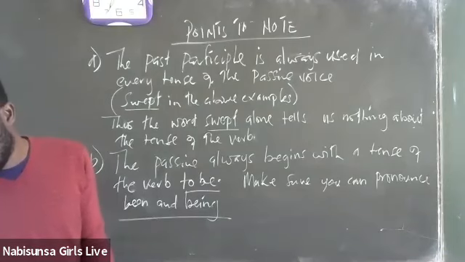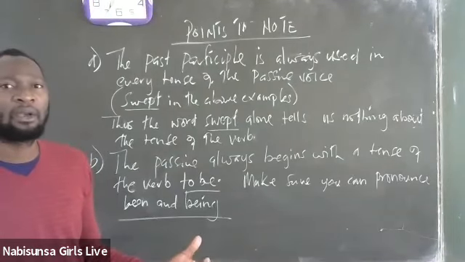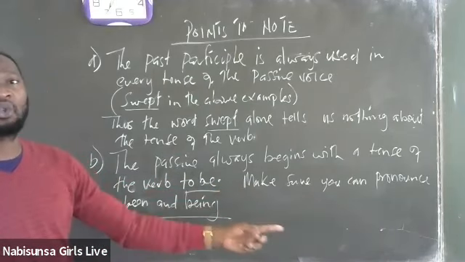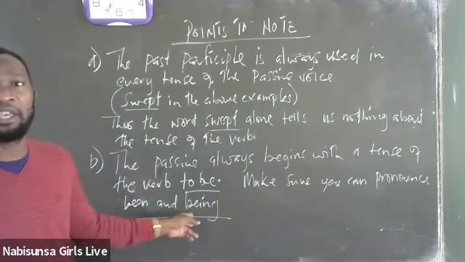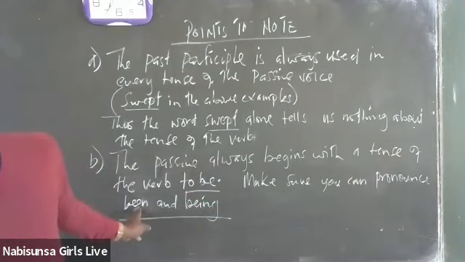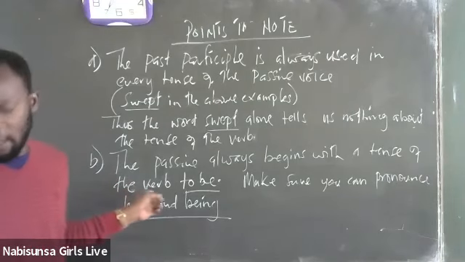You see that? And in the future, we have will be. So make sure you can pronounce being and been correctly. Why? If we don't pronounce them correctly, then we are going to have trouble trying to find out what we want to follow. I think you have this right.